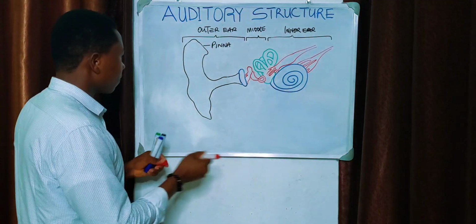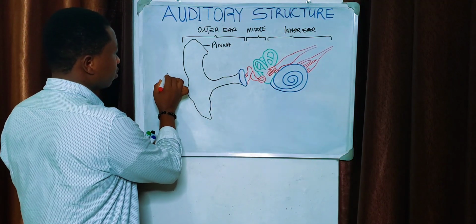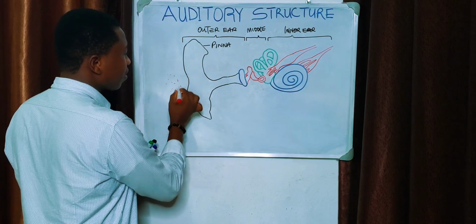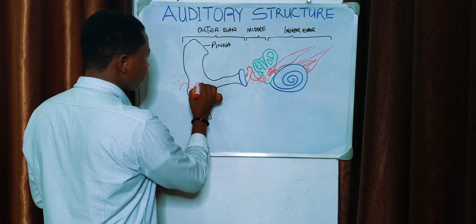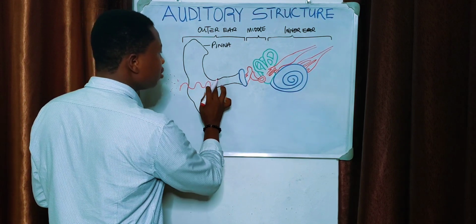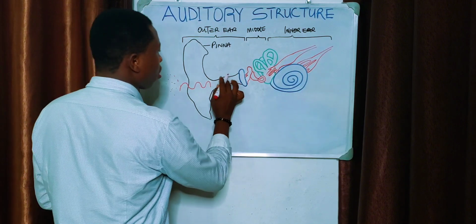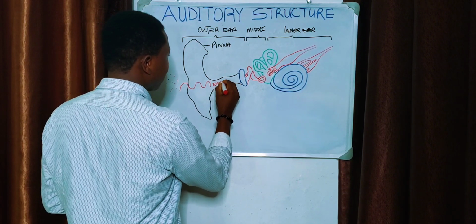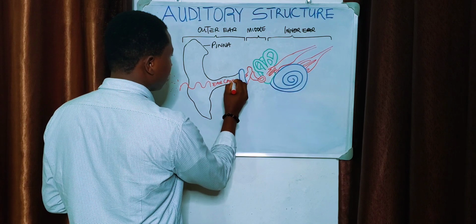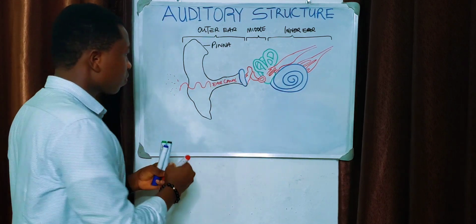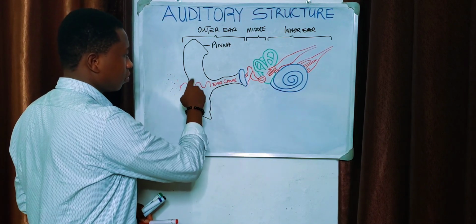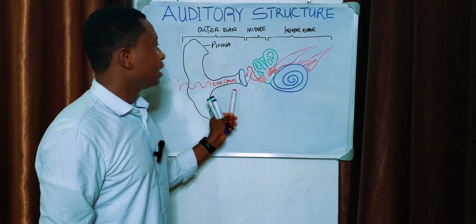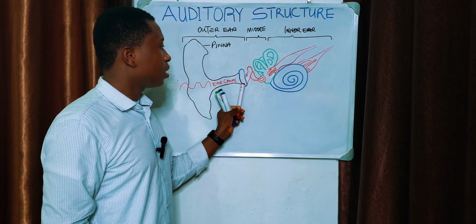So when you hear a particular sound, it travels in the form of wave into this part, which is called the auditory canal, or you can say the ear canal. The wave travels through the ear canal and gets to this particular structure.